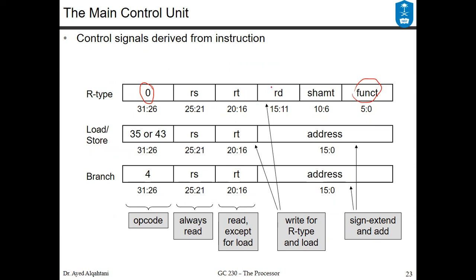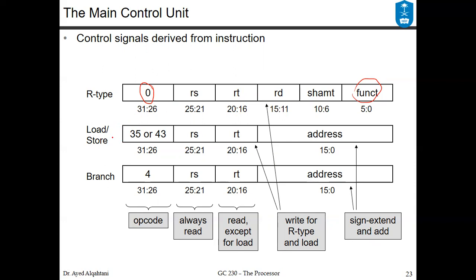The RD is from 11 to 15. In the shift amount, since we are not going to discuss shifting a lot, we're not going to use it much. When we use it, sometimes to indicate the index of an array, we will show it at the time.